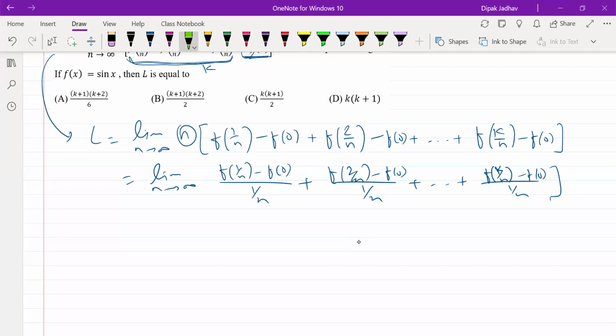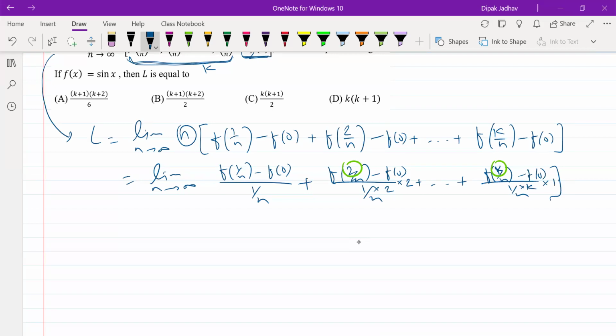Here you have f of 1 by n. Here you have f of 2 by n. Here you have f of k by n. So I multiply by k here and divide by k. Sorry, here it will be 2. And in the last term it is k.